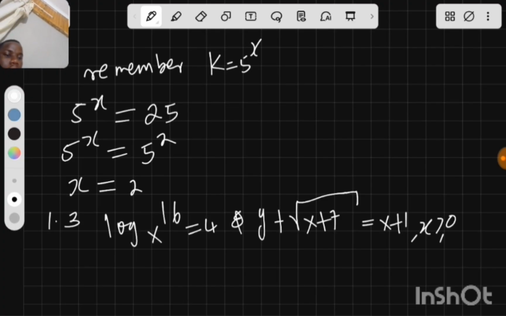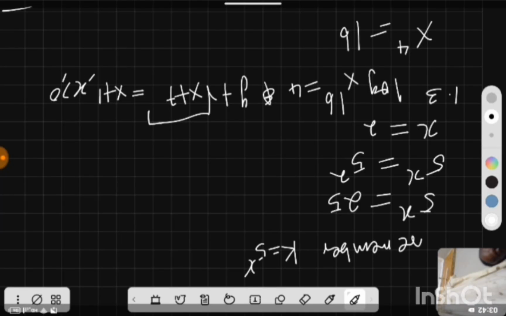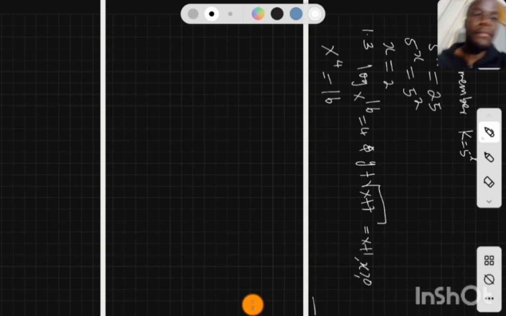This kind of is a multinomial equation. We all know that x to the power 4 is equal to 16.